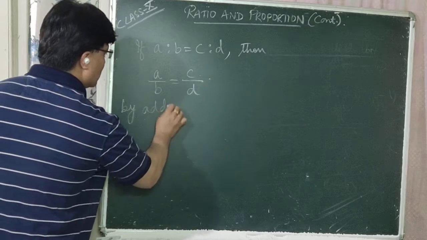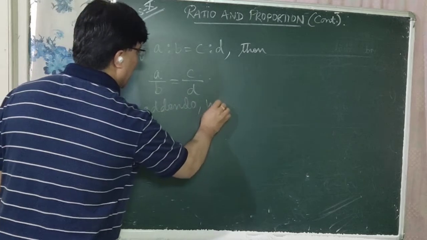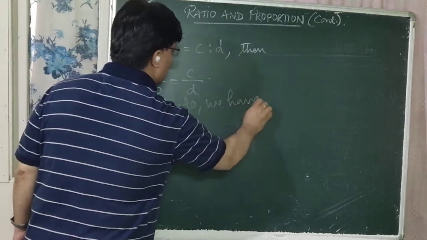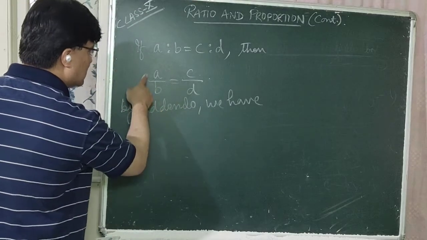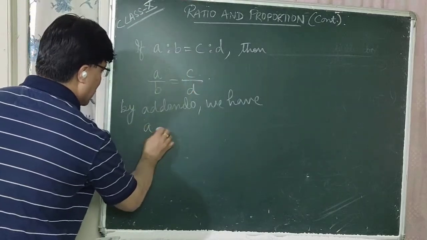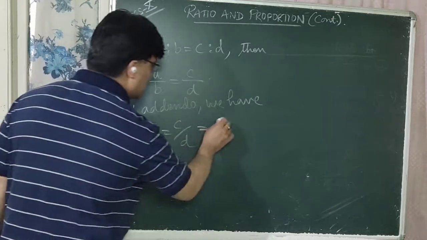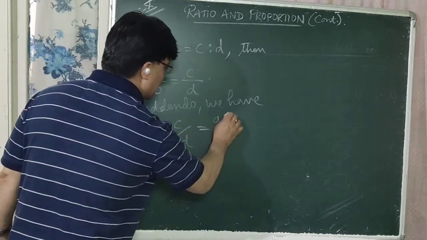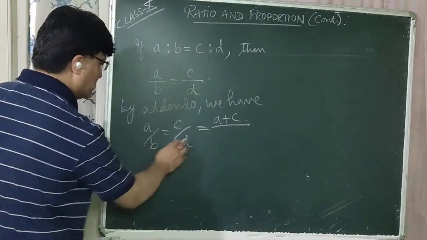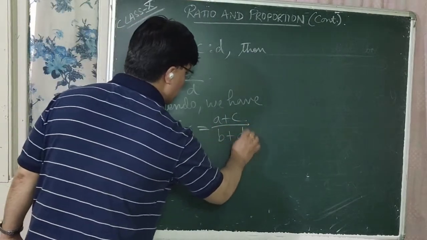By addendo, we have each ratio. This is known as each ratio, isn't it? A by B is equal to C by D is equal to, what can you write? So numerators can be added, that is A plus C divided by the denominators added, that is B plus D.